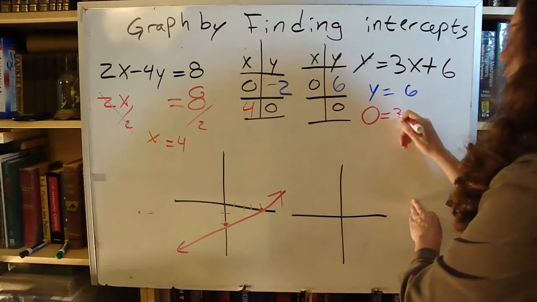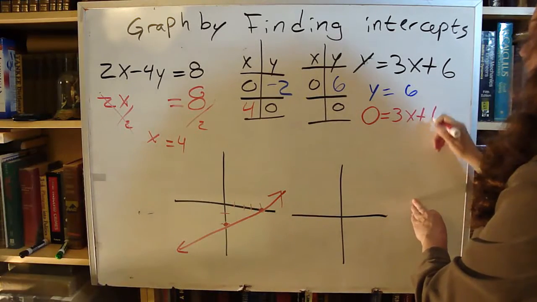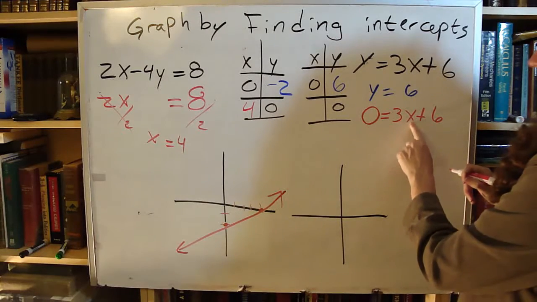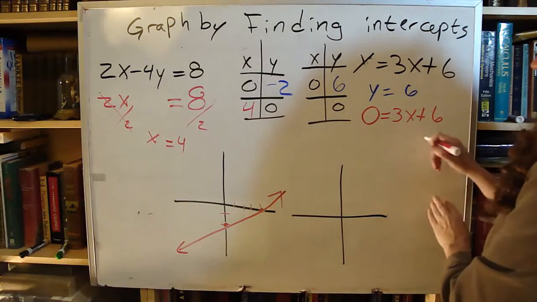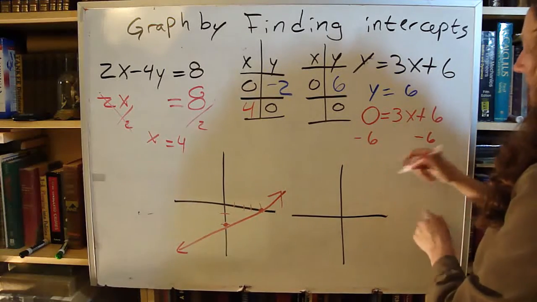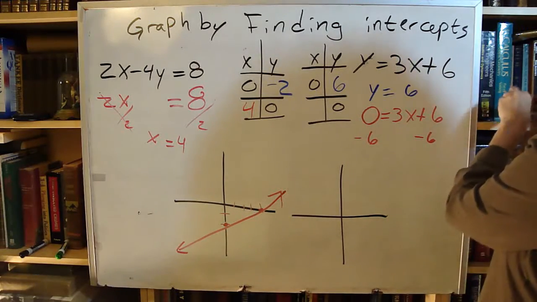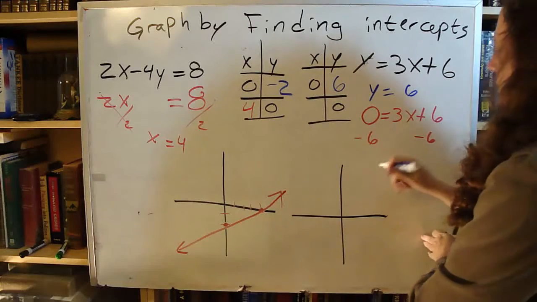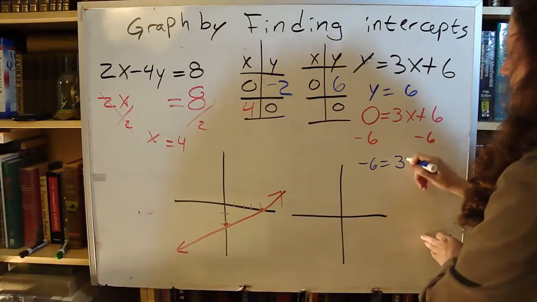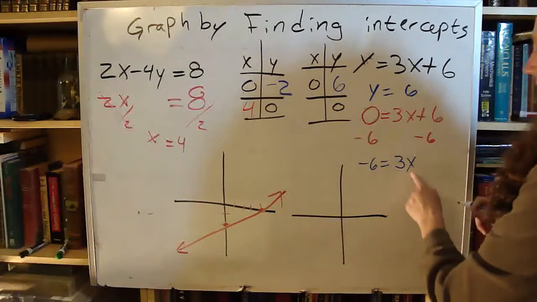0 equals 3x plus 6. Solving for x, I need to subtract the 6. What I do on one side of the equal sign, I do on the other. So now I have negative 6 equals 3x. Finish solving for x.